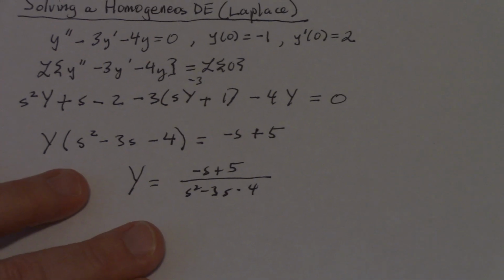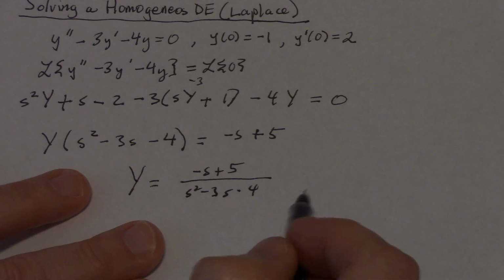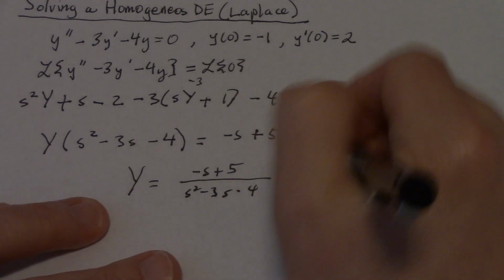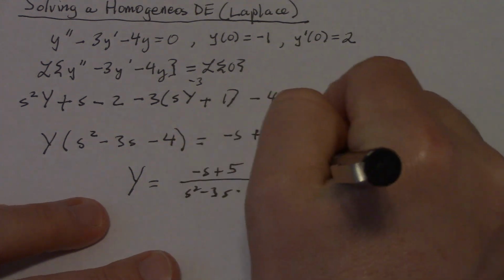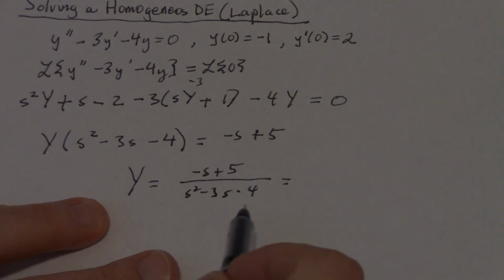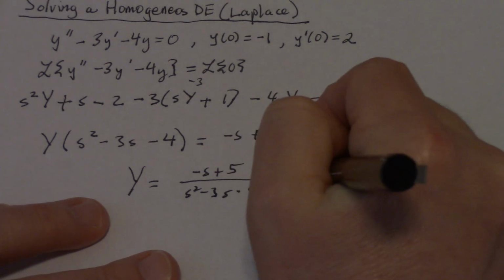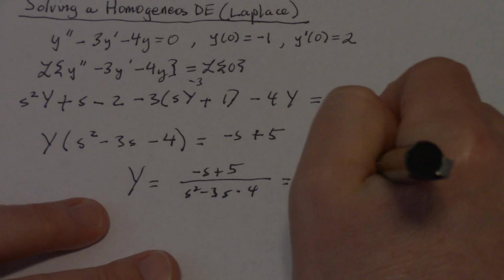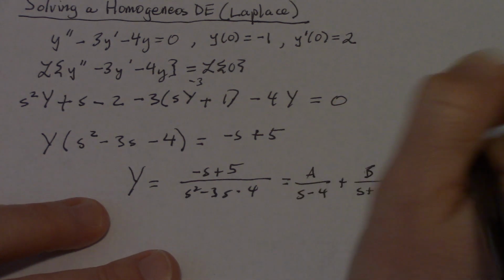Okay, and then once again, we're still in Laplace happy fun land, so we're just going to do partial fractions for this. Notice the bottom factors, that would be (s minus 4)(s plus 1). So this is going to give me A over s minus 4 plus B over s plus 1.